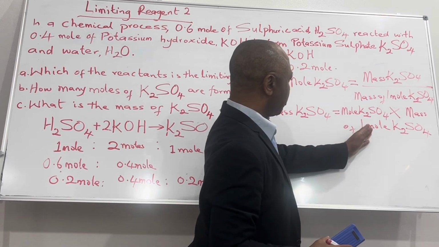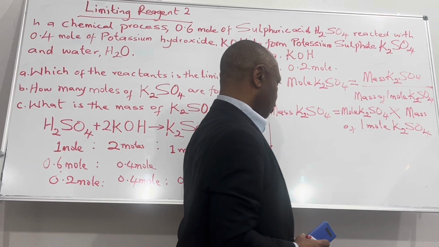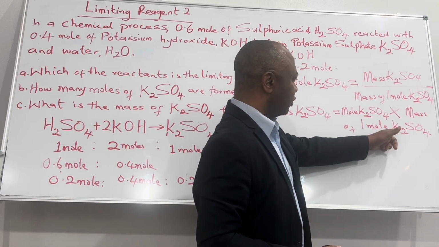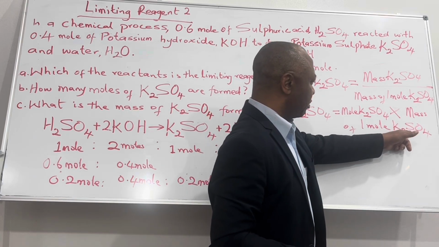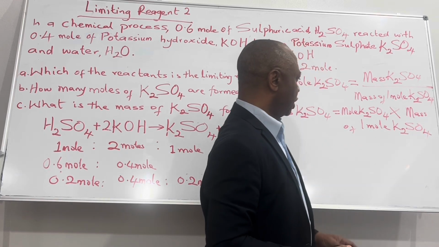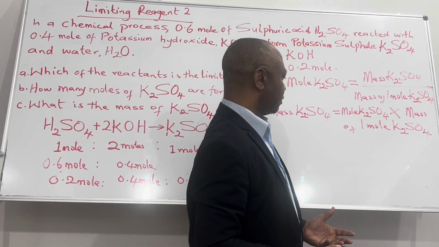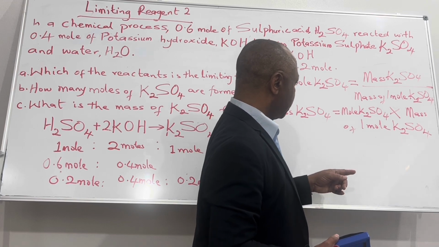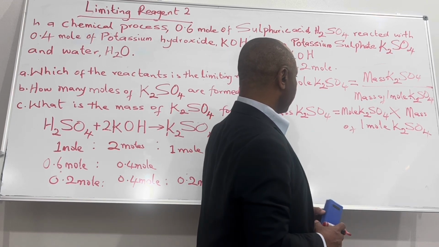Here we first determine mass of 1 mole potassium sulfate. We do that by using the periodic table to find the relative atomic masses of the elements present in the compound potassium sulfate and multiply the relative atomic masses of the elements by their respective number of atoms.